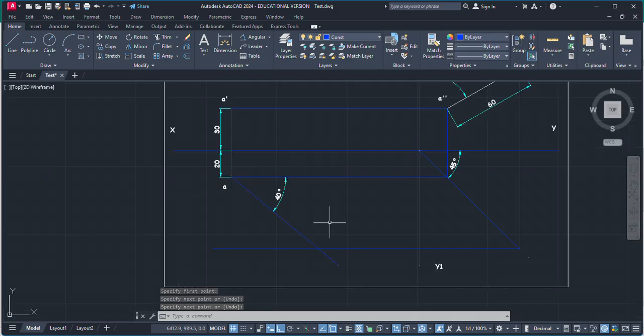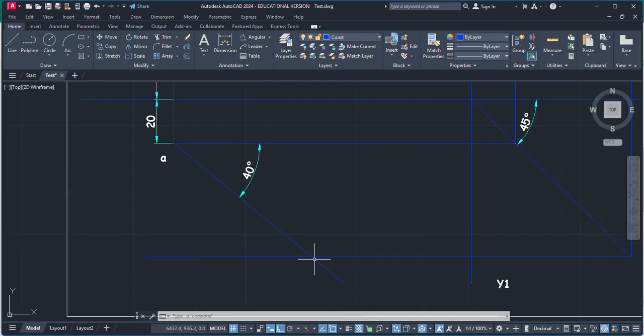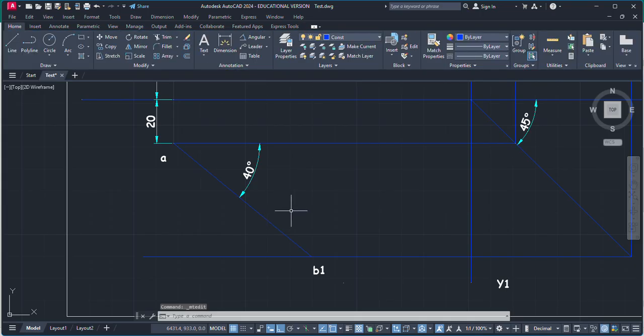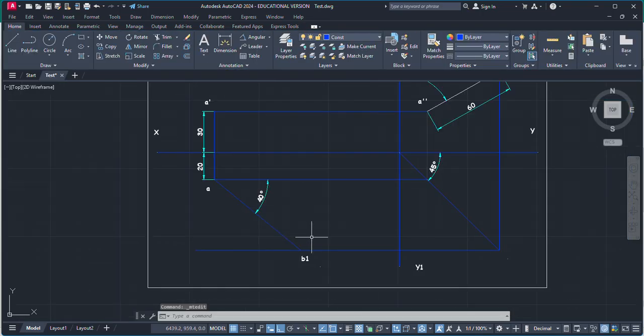The endpoints of true line and apparent line will appear on this horizontal line. So with the help of this, now we know the true length of this true line. So just remove this extra part, and this point is our endpoint of true line, which is denoted by B1. Now we have true line in the top view.